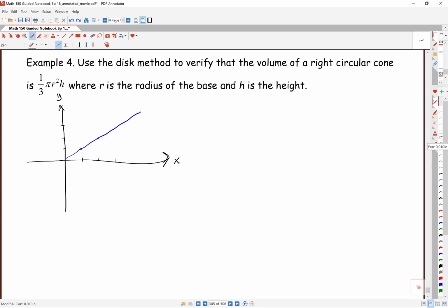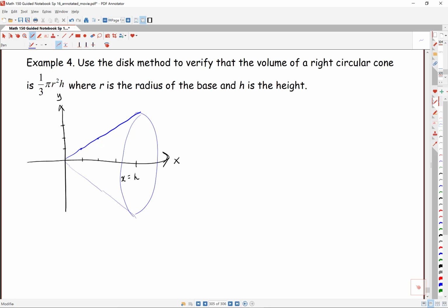So that would be your x equals h. And then, if you think about it, you'd have a reflection here, and when you revolve it, you'll get your cone. So our height is kind of on its side in this case.